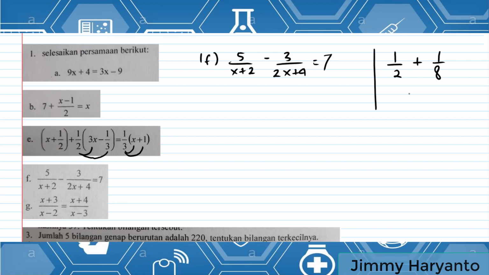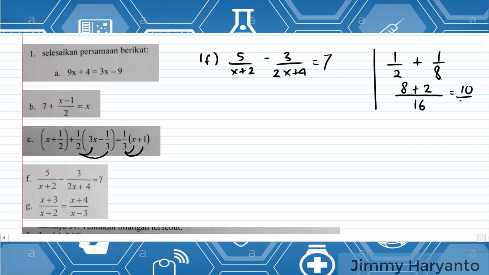Most of you will do this: 2 times 8, 16, and then 8 times 1, 8, 2 times 1 is 2, equals to 10 over 16. But this is not efficient. It will be more efficient if you use the denominator 8, not 16, because 8 is smaller. So half wants to become over 8. 2 wants to become 8 times 4, right? So we have to multiply the 1 by 4, and then 1 over 8 is already the same. We can add them together, 5 over 8. There you go. It's more efficient.